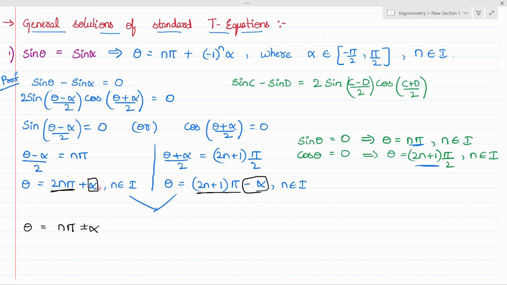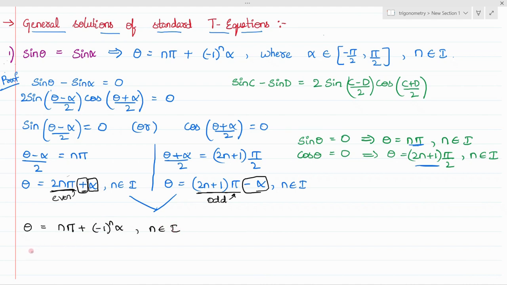Because it is plus alpha when it is an even multiple of pi. When it is an odd multiple of pi, it is minus alpha. So here we should write n pi plus -1 whole power n alpha, where n belongs to all integers.